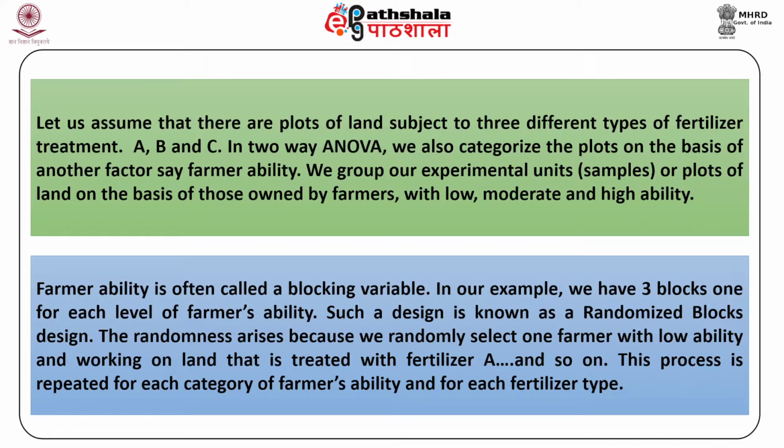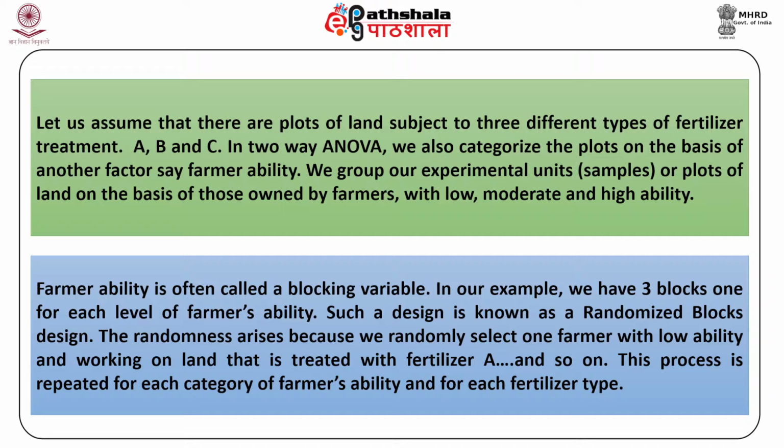Farmer ability is often called a blocking variable. In our example, we have 3 blocks, one for each level of farmer's ability. Such a design is known as a randomized blocks design.